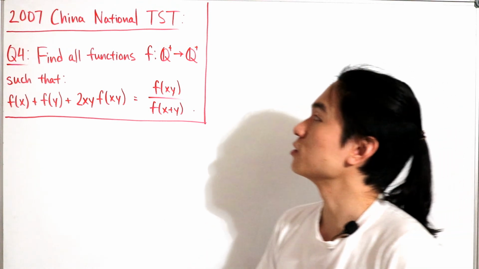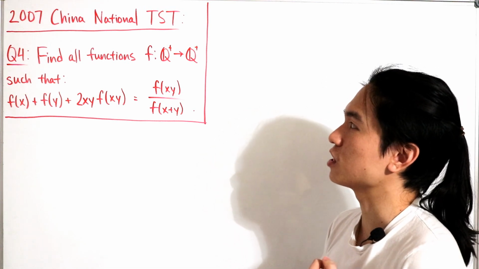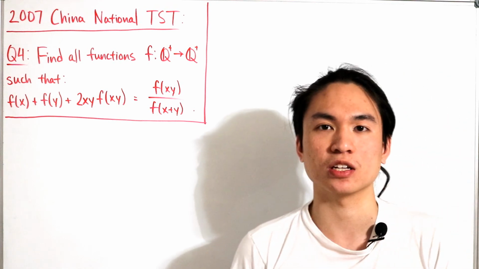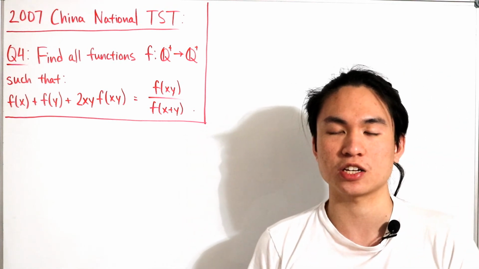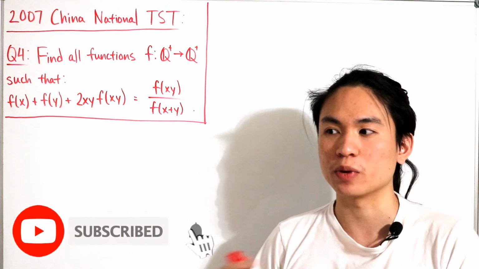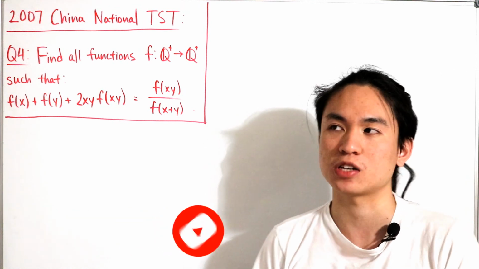So I thought for today's video we might do something a little special for fun, and I picked out a contest problem from the 2007 China National TST, the team selection test, which is usually issued to the top finishers of the National Olympiad, where they get to compete for the International Olympiad, just like the IMO, for example.